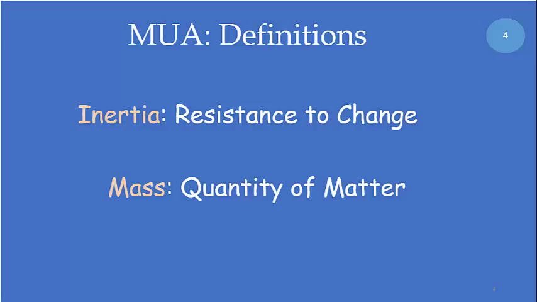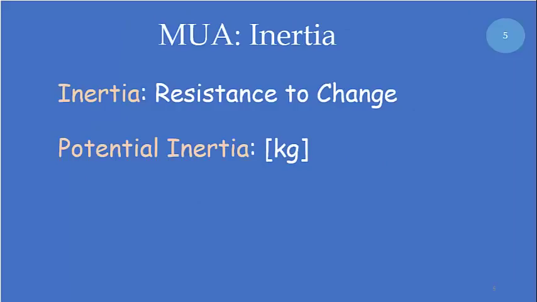Modified unit analysis defines two kinds of inertia. The first is potential inertia, with units kg. This is what we traditionally call mass. This is the first half of Newton's law of motion.